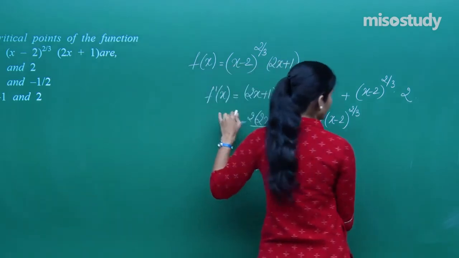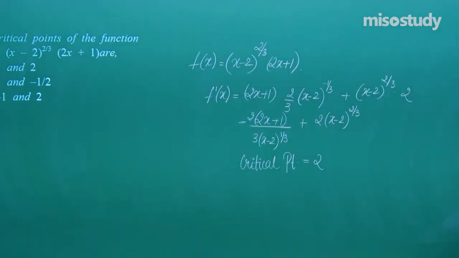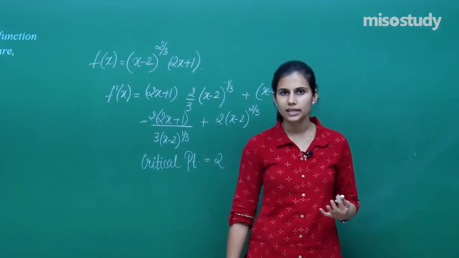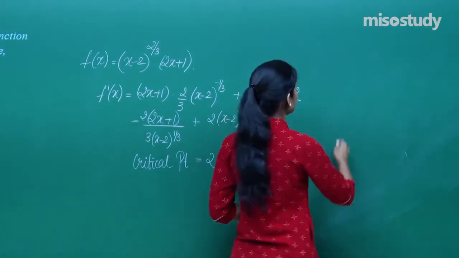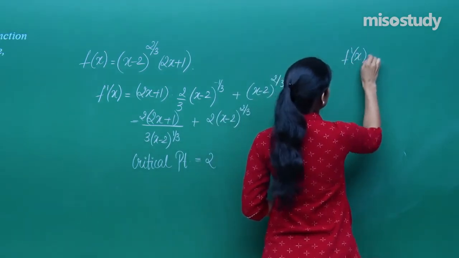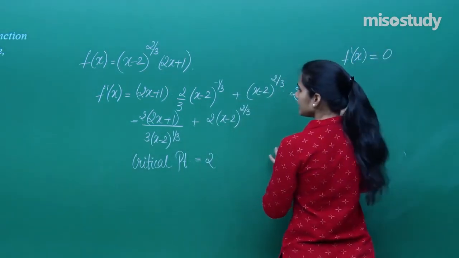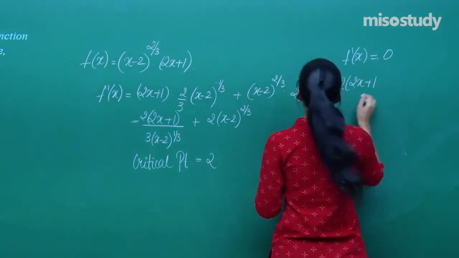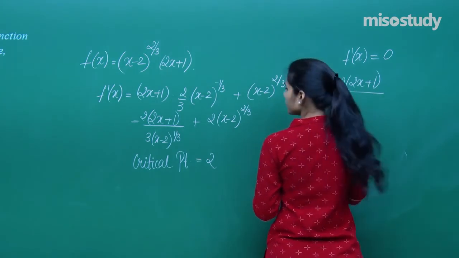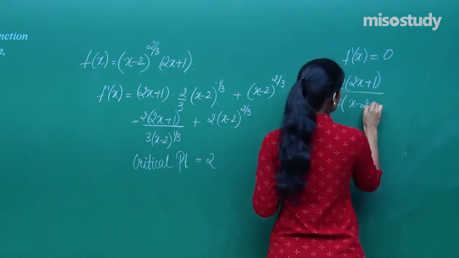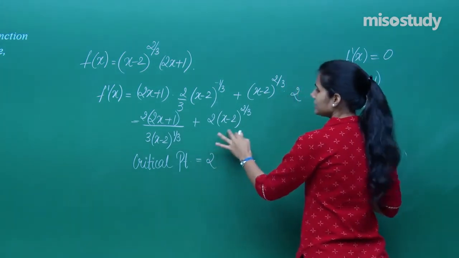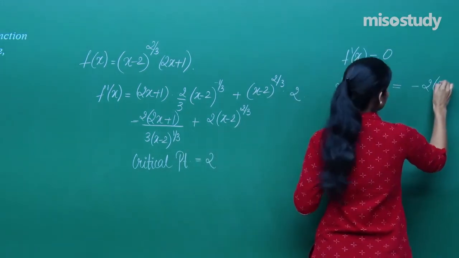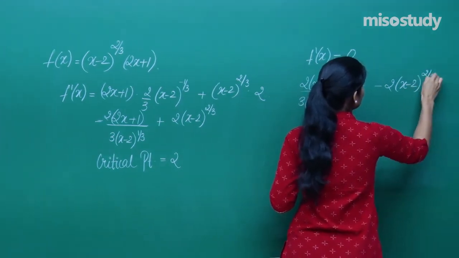What are the other critical points? Are there any or not? Now I am interested in computing the critical points which satisfy the condition that f dash is 0 on them. So f dash x is 0 for which x? You have twice of (2x plus 1) whole upon thrice of (x minus 2) to the power 1 by 3, plus this equals 0, or this is equal to minus of twice of (x minus 2) to the power 2 by 3.